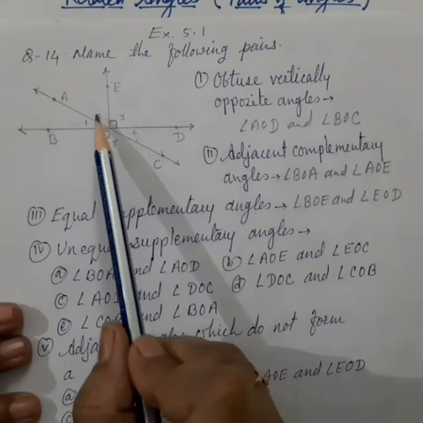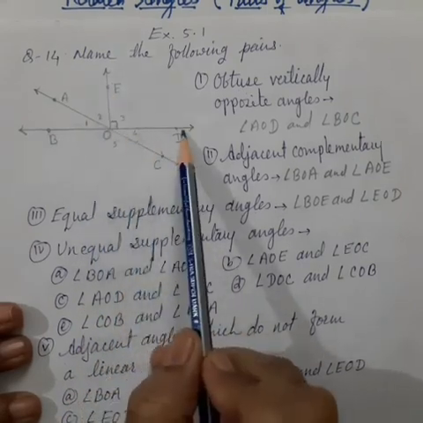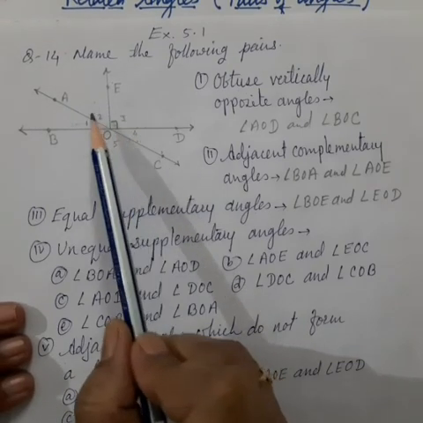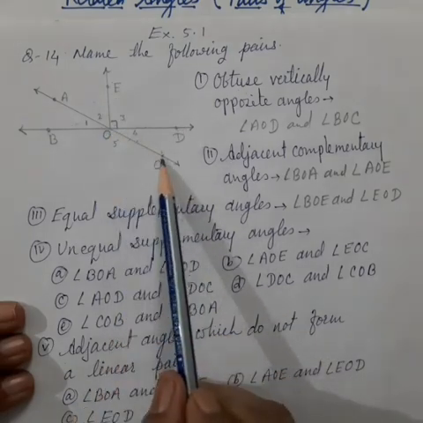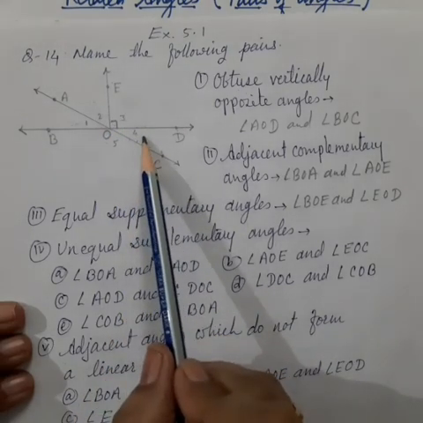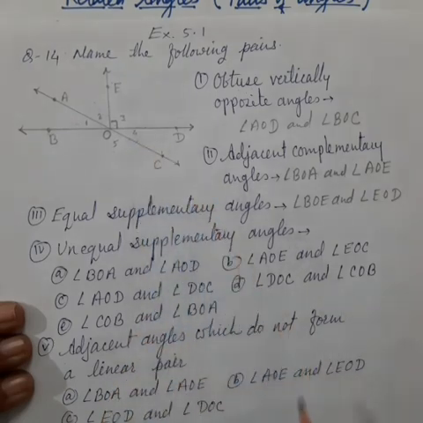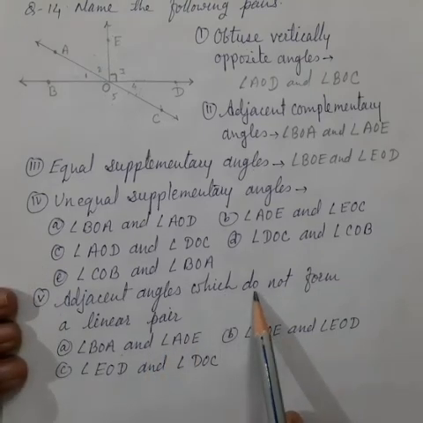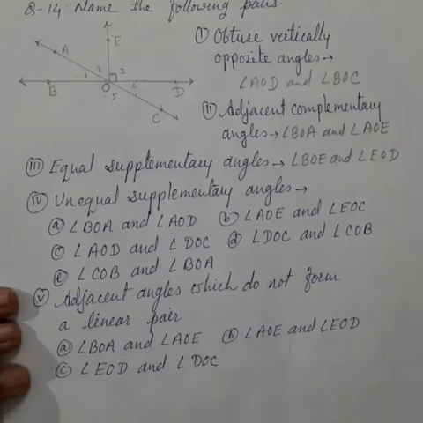Then adjacent angles but not supplementary: AOE and EOD, angle 2 and angle 3. Then EOD and DOC, angle 3 and angle 4, are also adjacent but not supplementary. So these are the pairs of angles that are adjacent but do not form a linear pair.